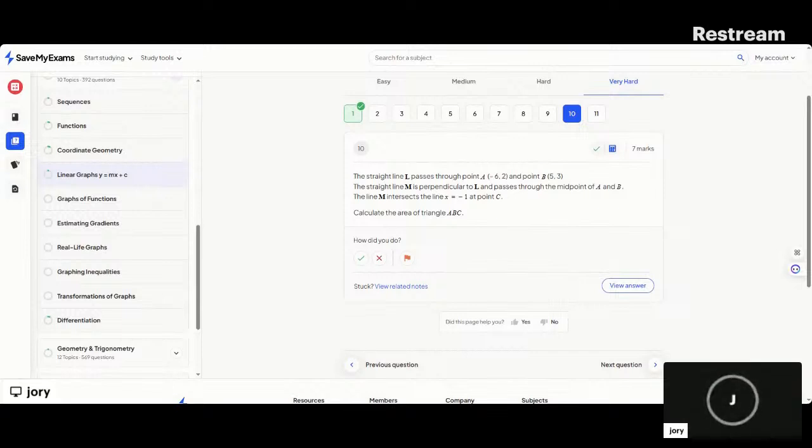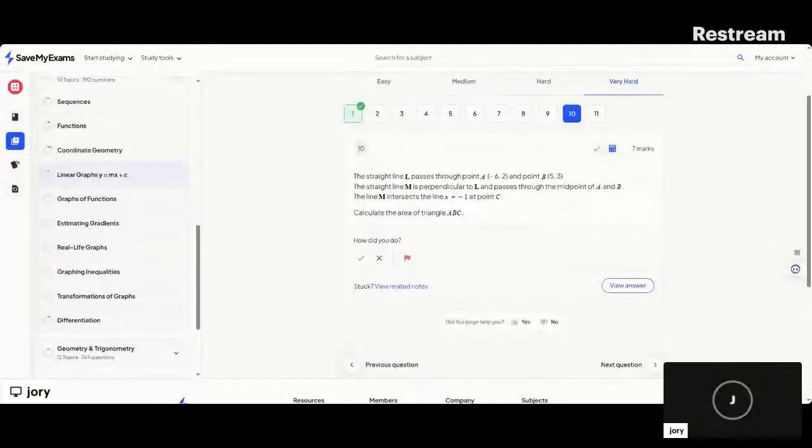And then slope equals y2 minus y1 over x2 minus x1. So y2 is 3 minus y1 is 2, over x2 5 minus x1, which is negative, so it's going to be positive 6, equals 1 over 11.